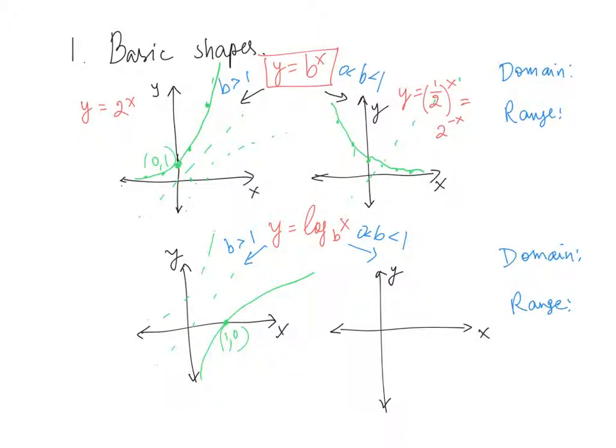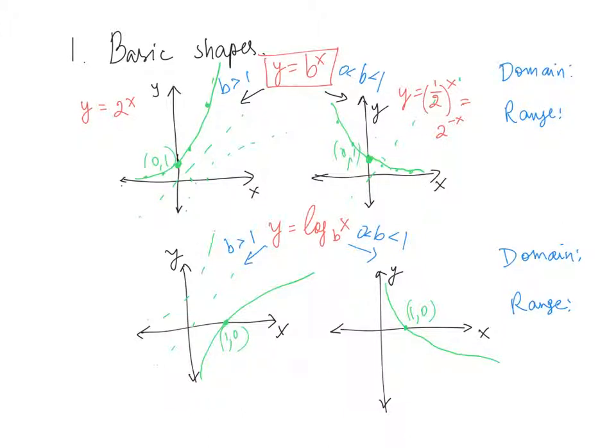base less than 1. So this reflection is a little trickier. It will look something like this. And I'm going to draw it here. And I'm going to erase this one so it doesn't mess up my exponential graph. Okay, so same way as for base greater than 0, this point is 0, 1. So the corresponding point is 1, 0.